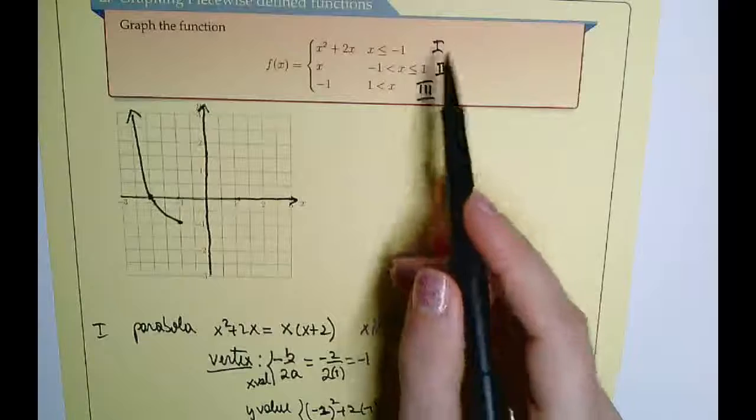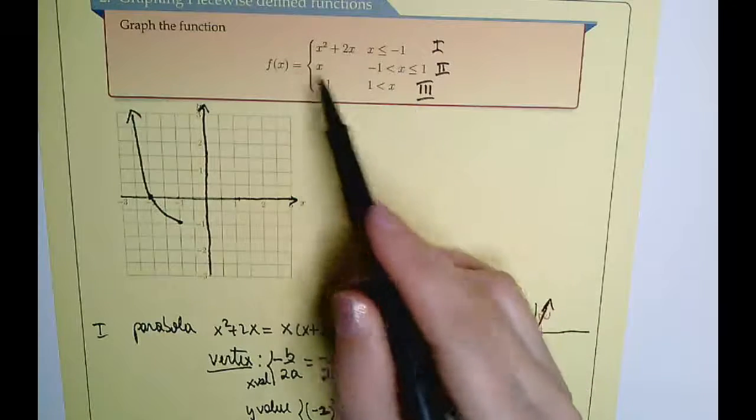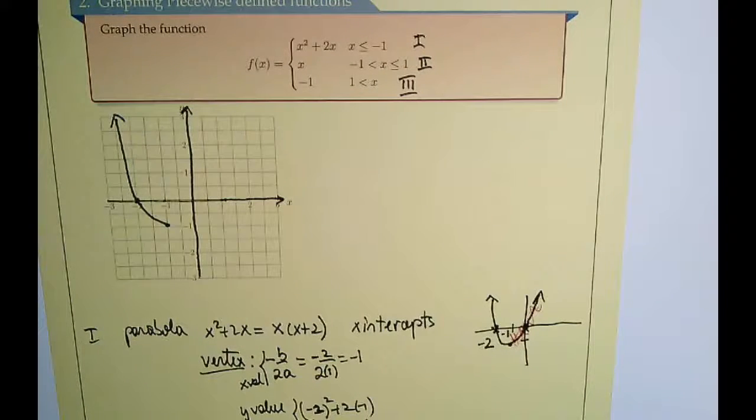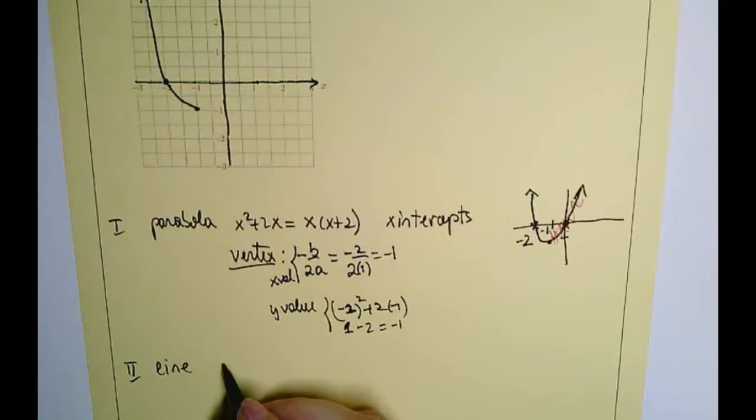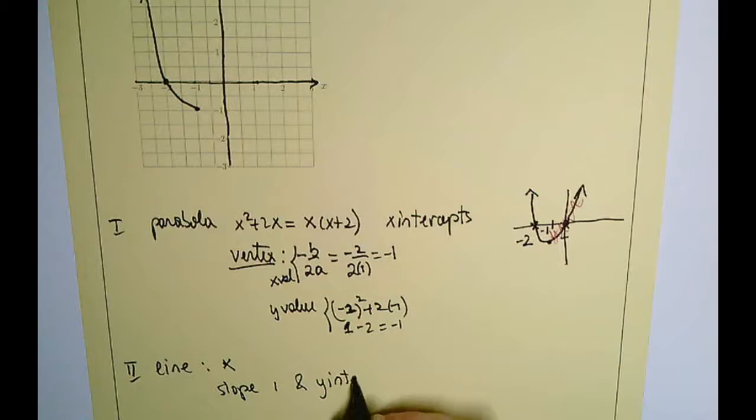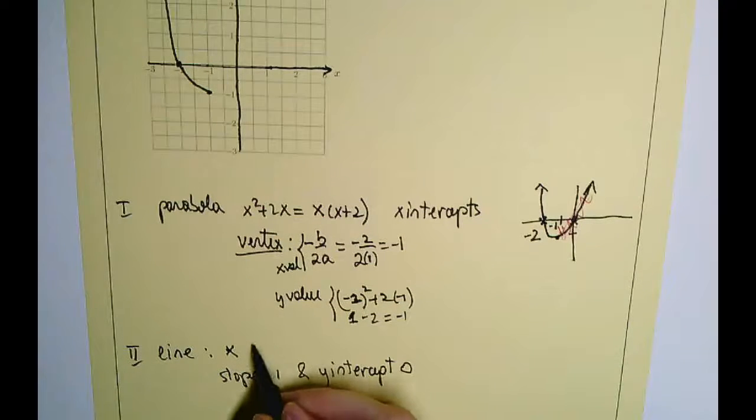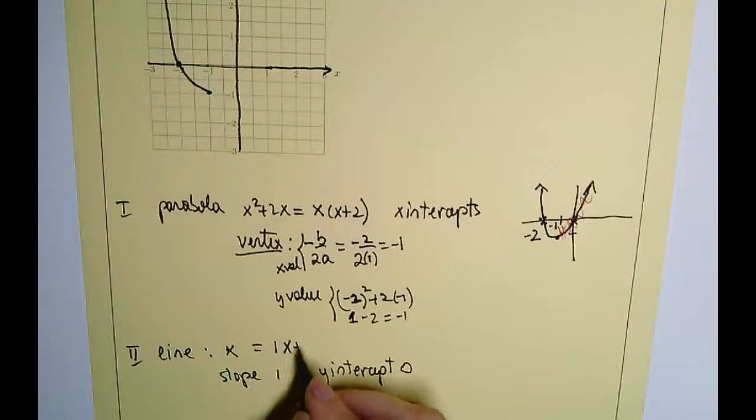The first piece is just this first portion. Now the second piece is just a line, a line with slope 1 and y-intercept 0, because you can think of it as 1 times x plus 0.